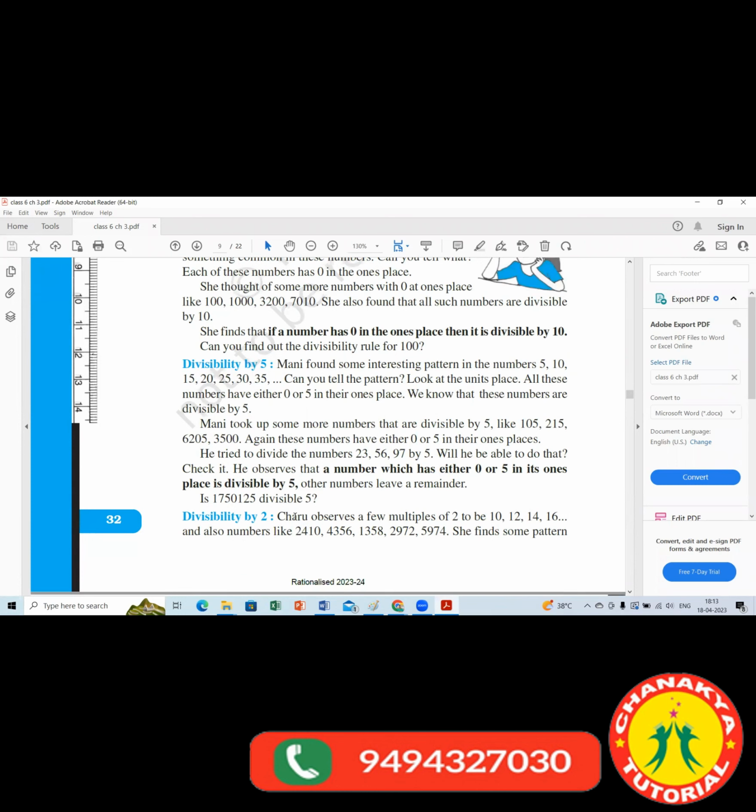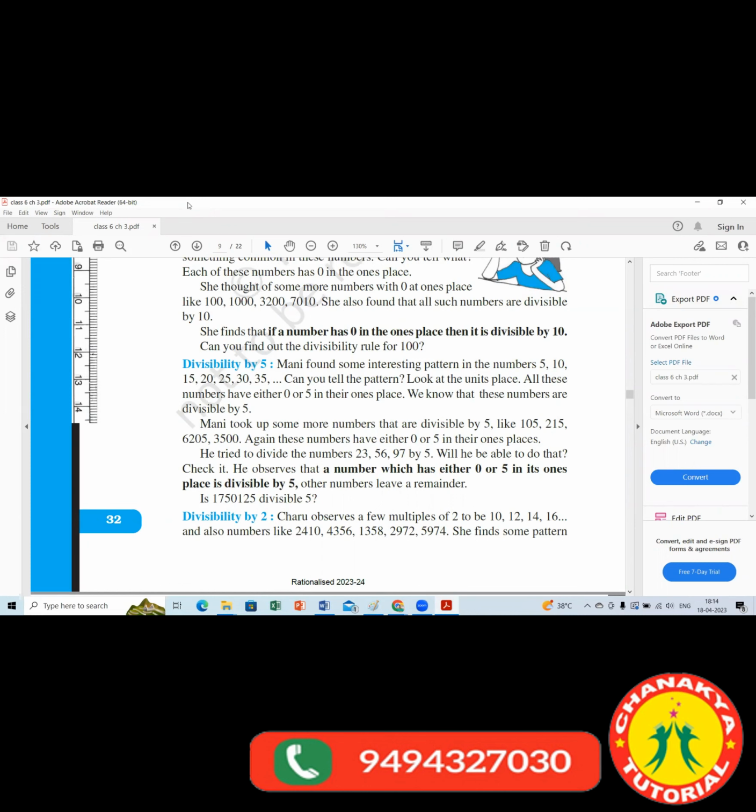What is the divisibility rule of 2, Ashwath? This also we should check the units place only. Ma'am, what is the divisibility rule of 2?